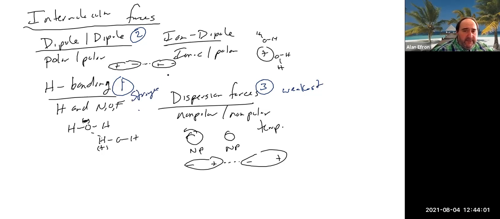Intermolecular forces are important because they are responsible for things like boiling points and melting points. The stronger the intermolecular force, the higher the melting point and the higher the boiling point. The weaker the intermolecular force, the lower the melting point and boiling point. We also talked about cohesive forces and adhesive forces.